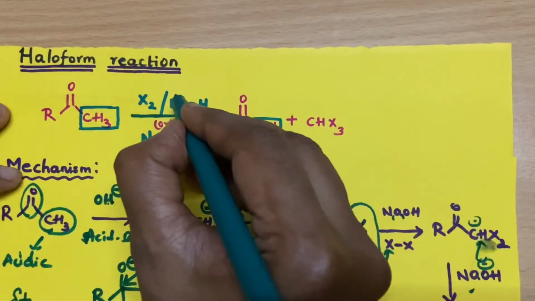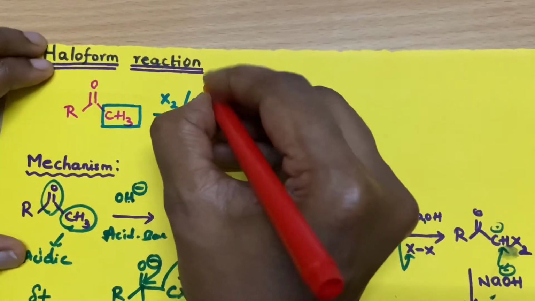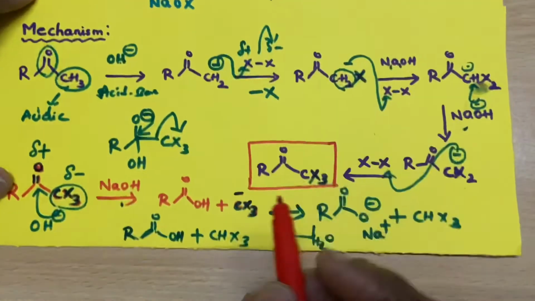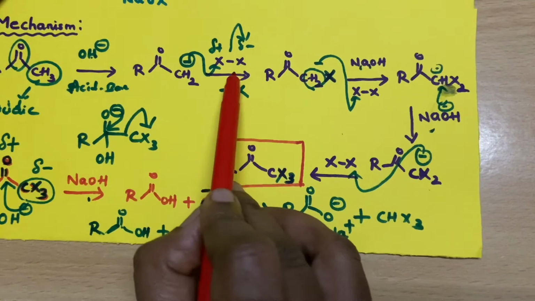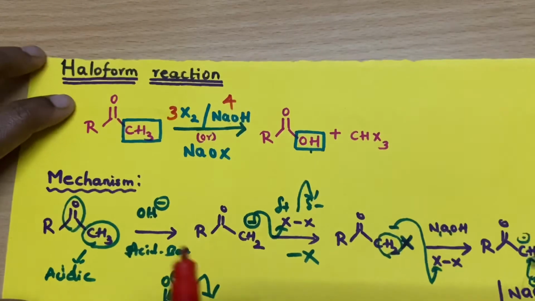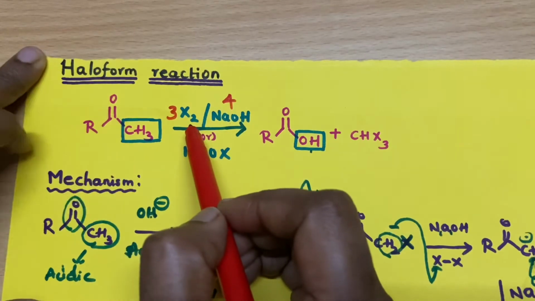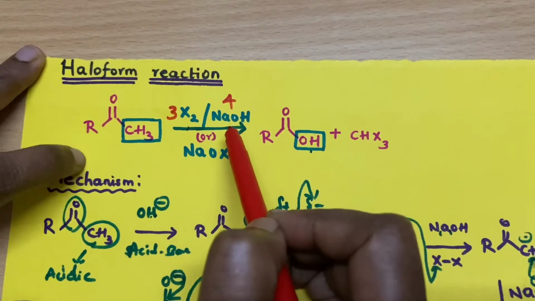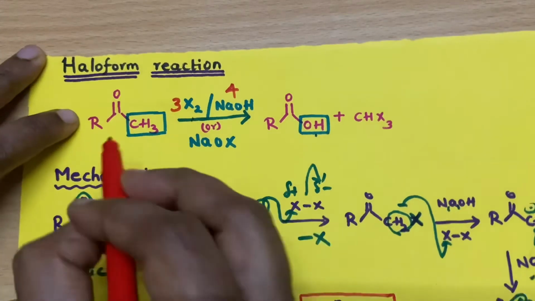Four molecules of sodium hydroxide we have used, and for halogen you see 1, 2, 3. So for this reaction we need 3 moles of halogen and 4 moles of sodium hydroxide for 1 mole of methyl ketone.